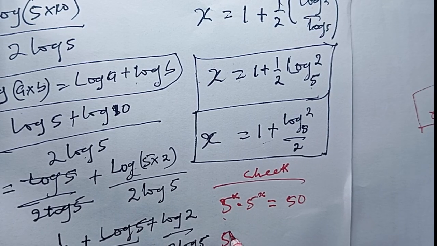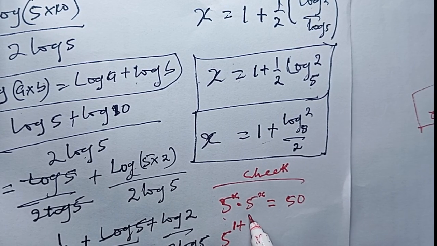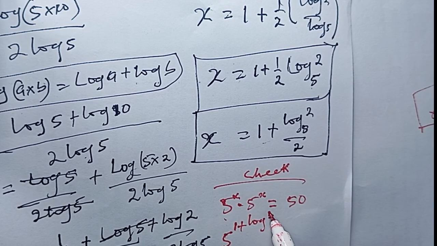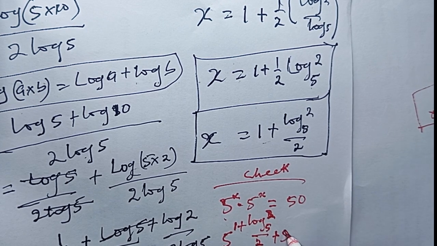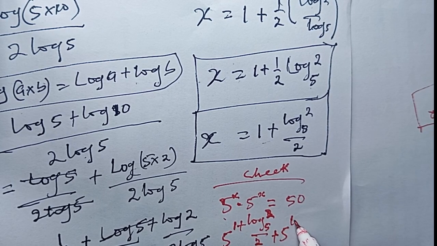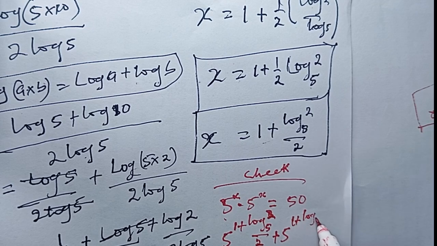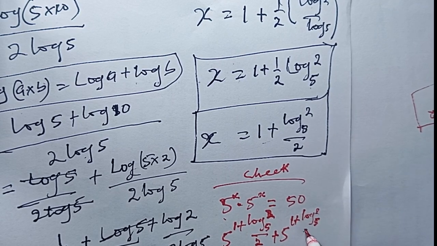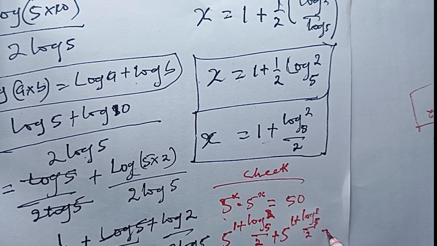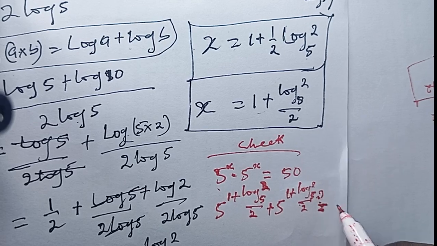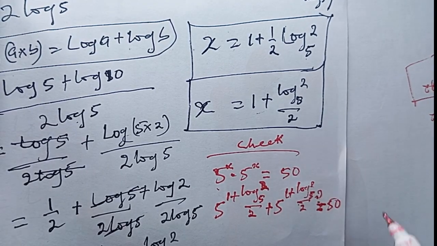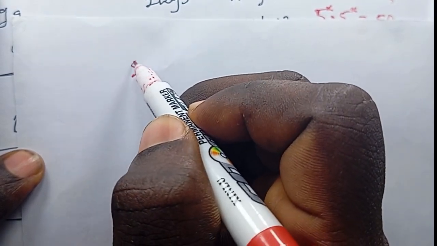So this is going to be 5 power (1 plus log 2 base 5) divided by 2, and then multiplied by 5 power (1 plus log 2 base 5) divided by 2. We want to find out whether this will be equal to 50.